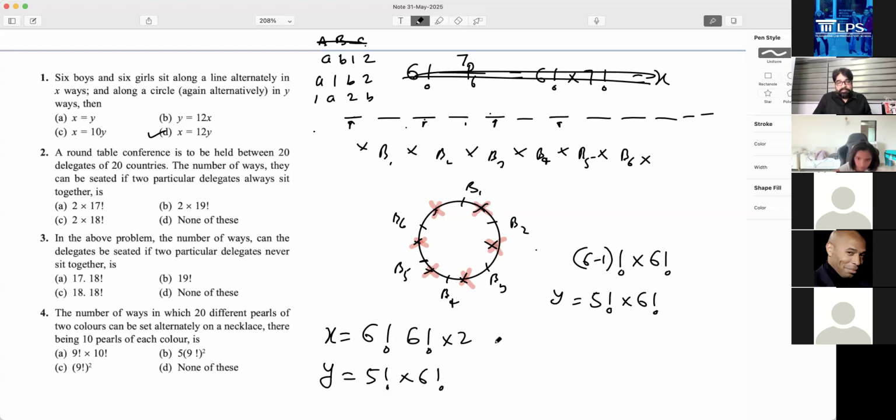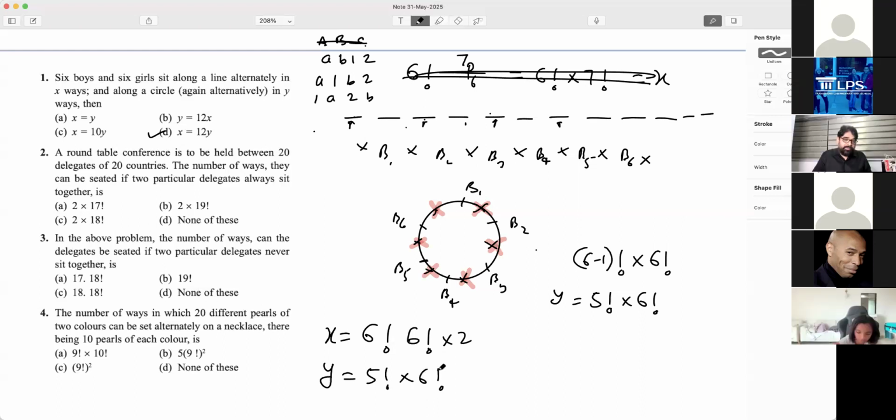So from here, you can see very clearly, X value we can write as 6 into 5 factorial into 6 factorial into 2, and this is nothing but Y. So X equals 12Y. So D option.